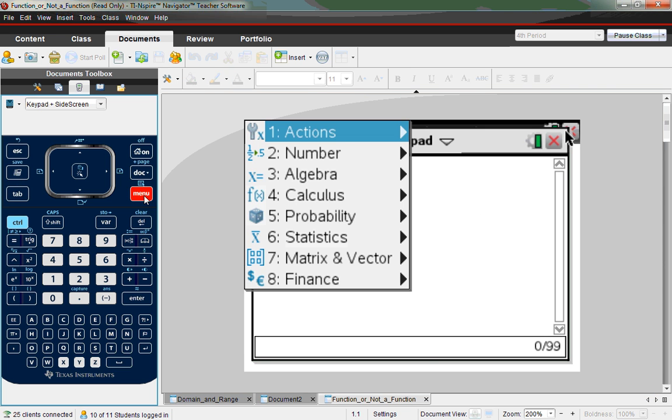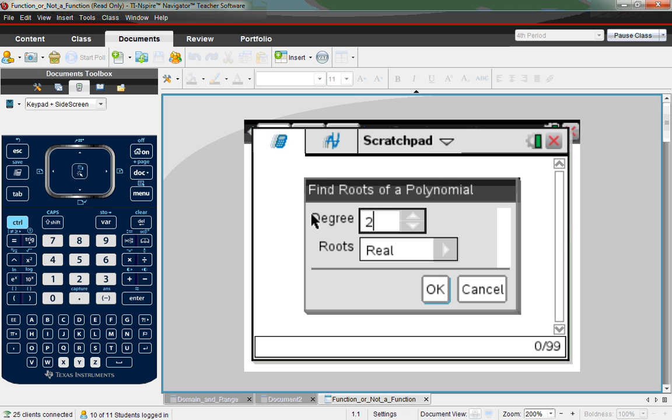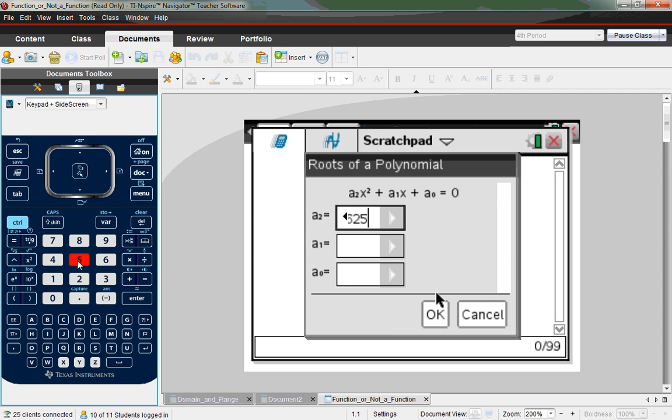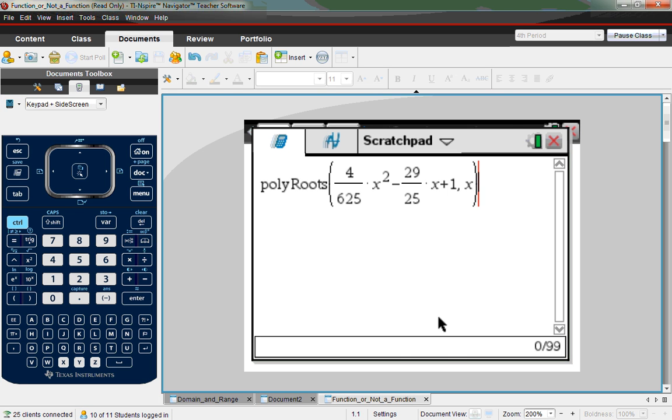Hit menu, algebra, polynomial tools, find the roots. You're going to type in 4 divided by 625, arrow down, negative 29 divided by 25, and then this one was a 1, and hit OK. And that's the polynomial you have.